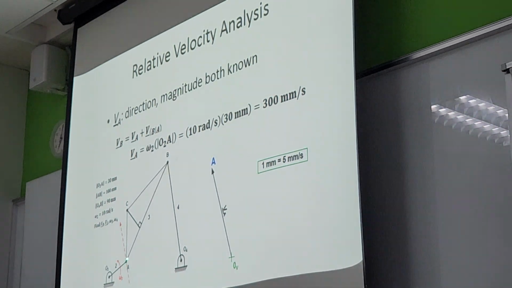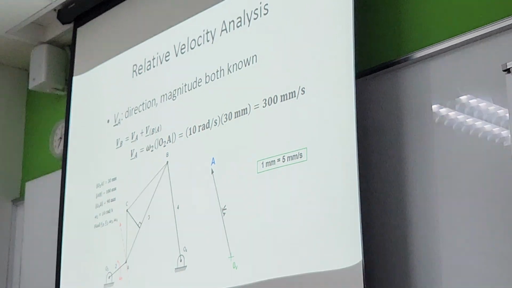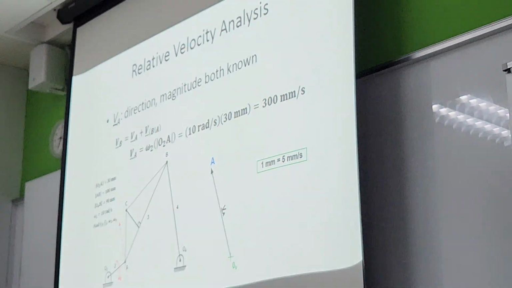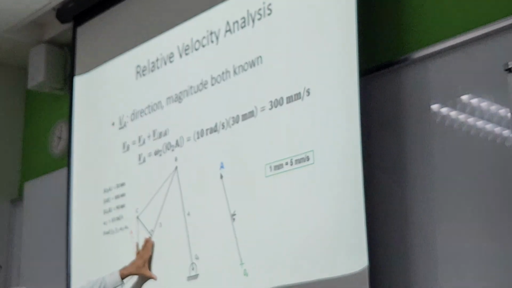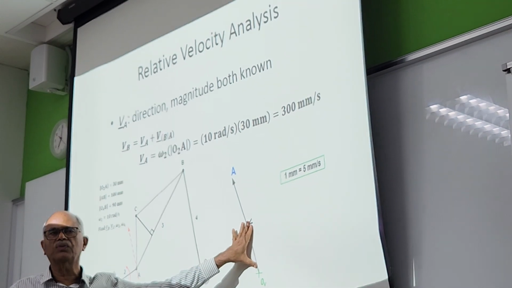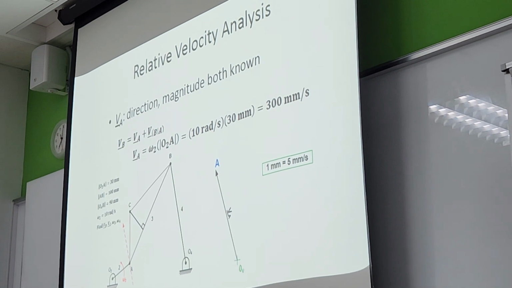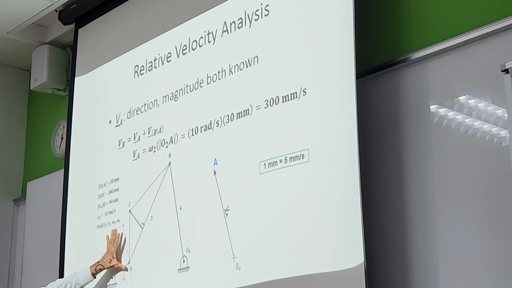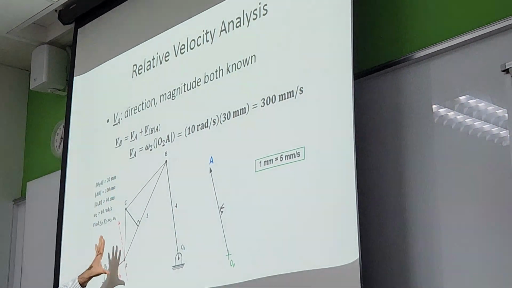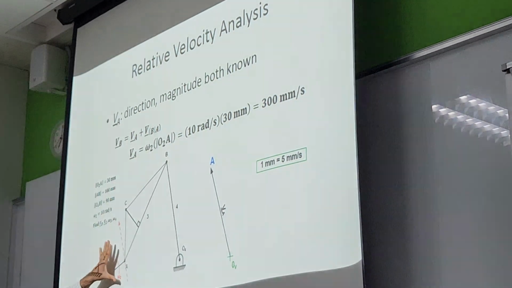Okay. Then the direction. If you want to do this on a piece of paper, you can use your set squares. You know the direction, right? So you just shift your set square to the point O. If you are plotting the velocity polygon on the same paper, once you plot this direction on your graphical position, then you can just shift the same direction.